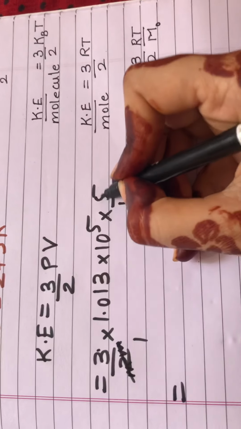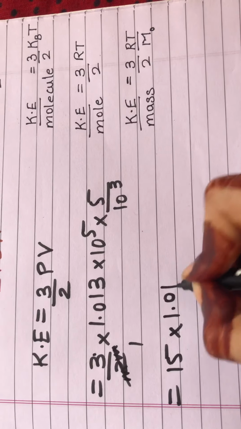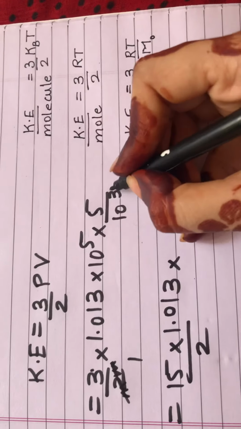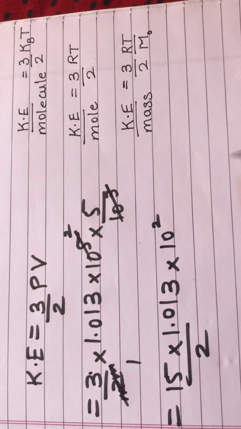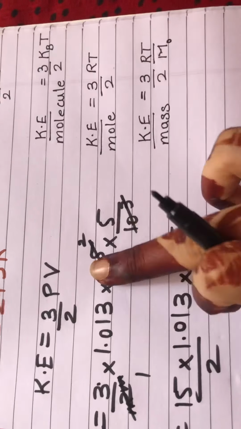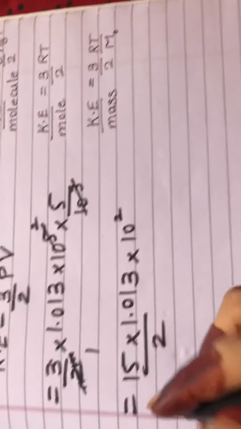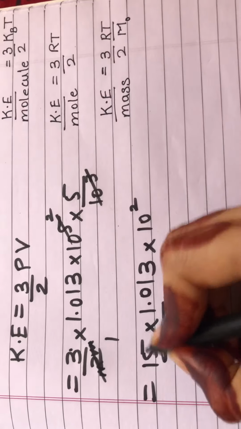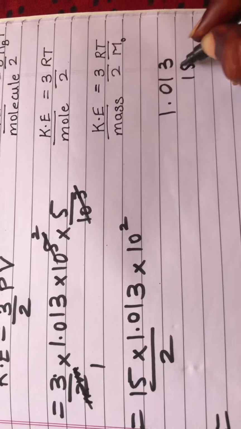So 3 into 5, 3 fives are 15, into 1.013 upon 2, 10 raised to 5, 10 raised to 3. If I cancel this, here 2 remains, so 10 raised to 2. You all understood this, very easy step. Then I can multiply these 2 numbers, that is 1.013 into 15.